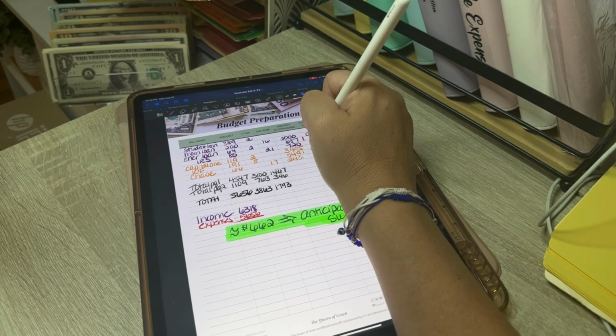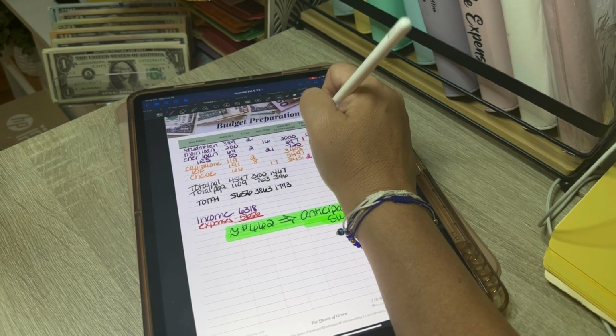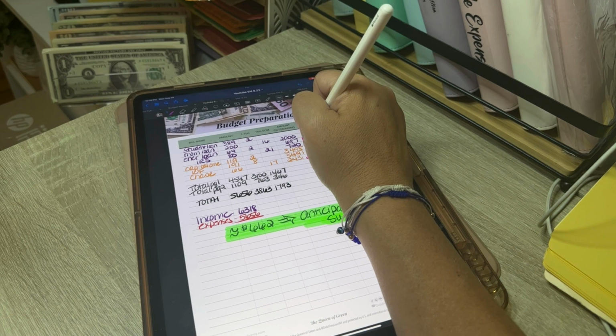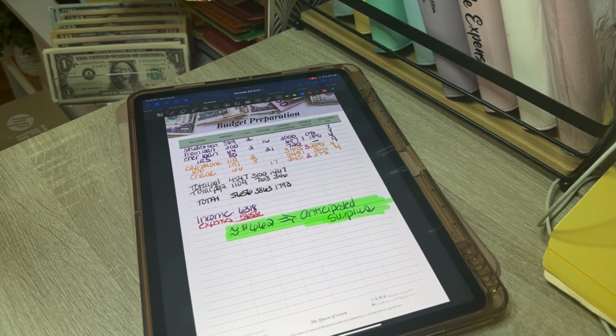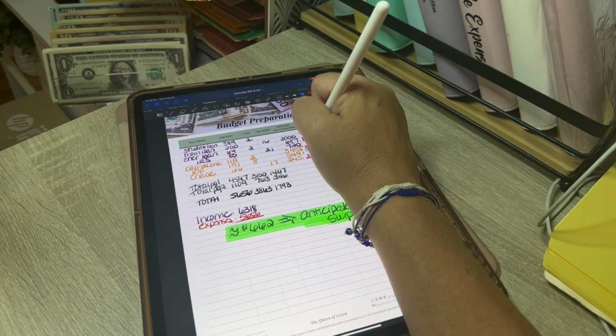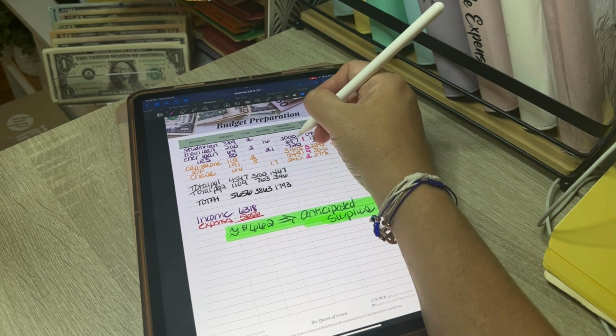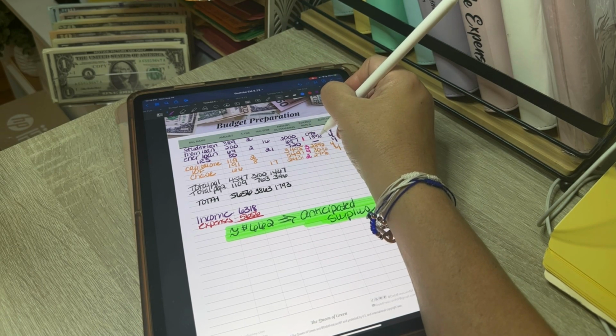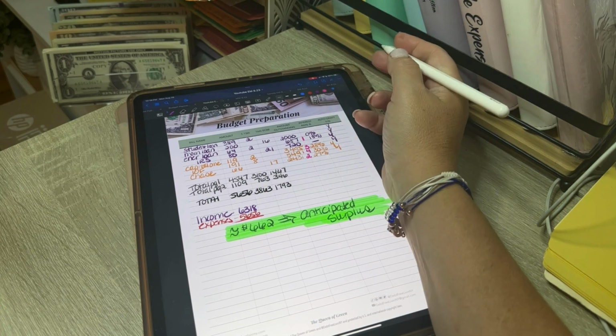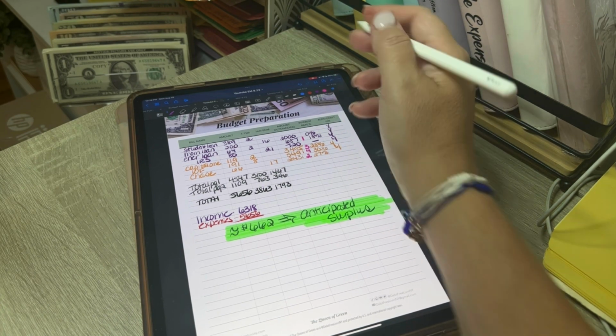Then the second one was Chase. The third one was Capital One. And the fourth one was Wells Fargo. So she chose to include the Enter because it did have an 18% interest rate and the other 2 loans don't have any interest rate.